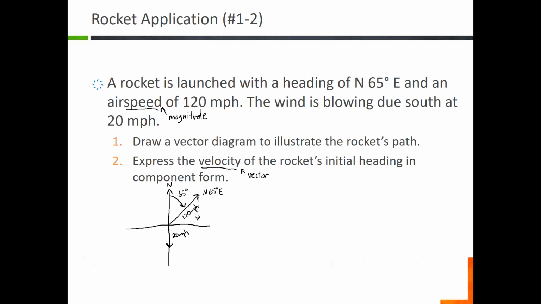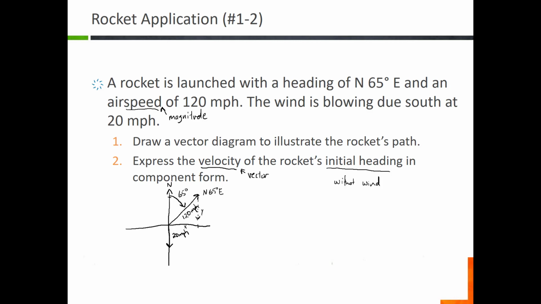We then need to figure out the velocity of the rocket's initial heading. By the initial heading, I mean the heading without the wind, so let's ignore the wind for the moment. It's heading at north 65 degrees east, and we need to figure out the x component and the y component.